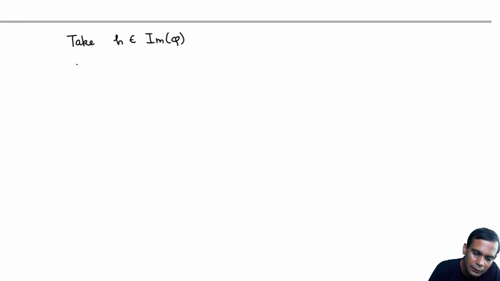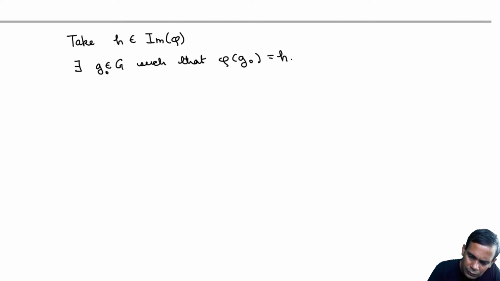What does that mean? There exists g0 in G such that phi of g0 is equal to h.